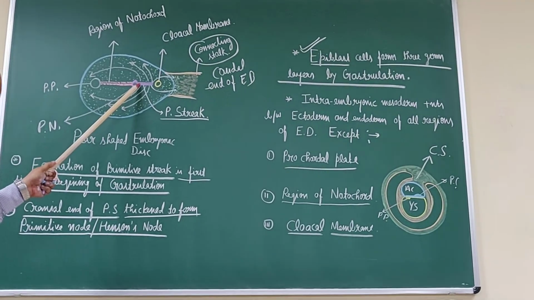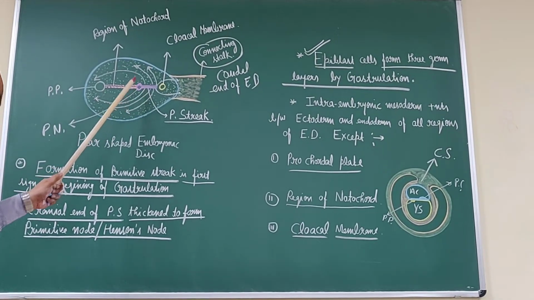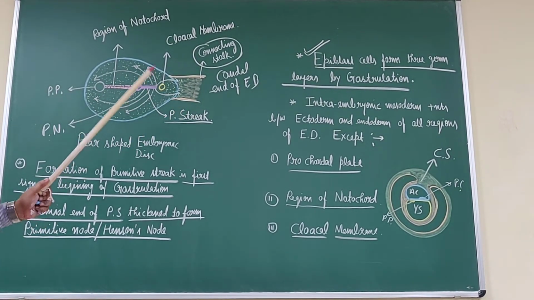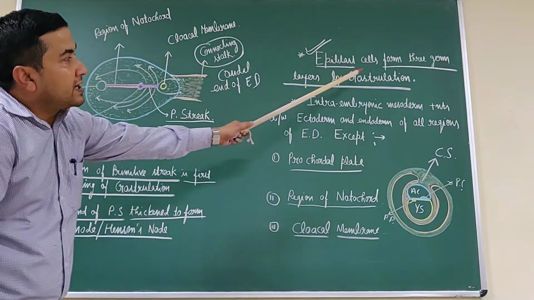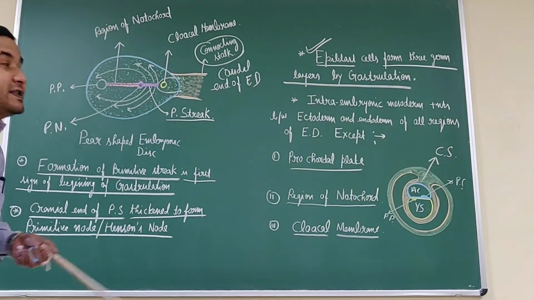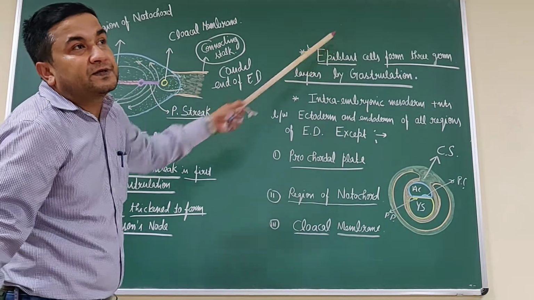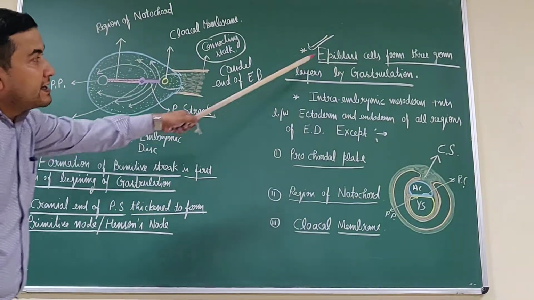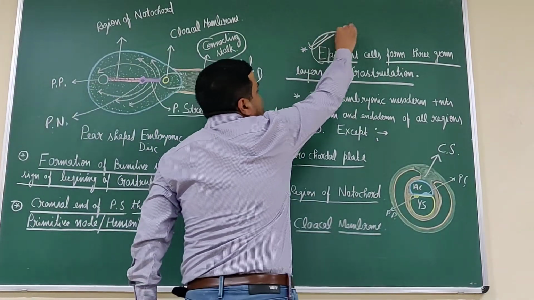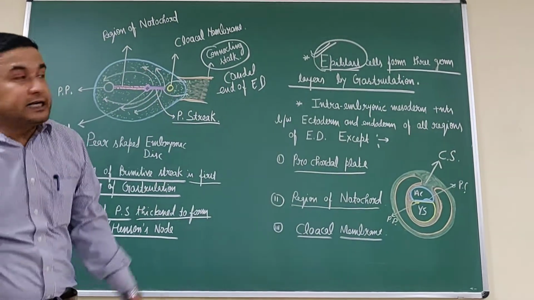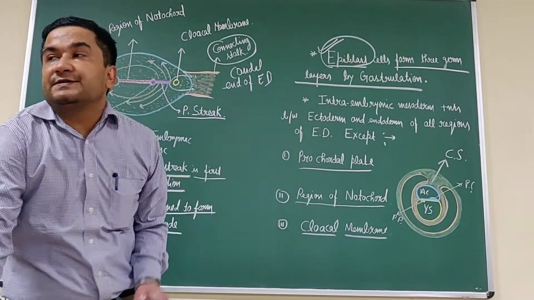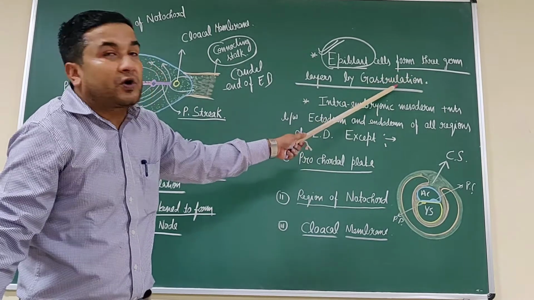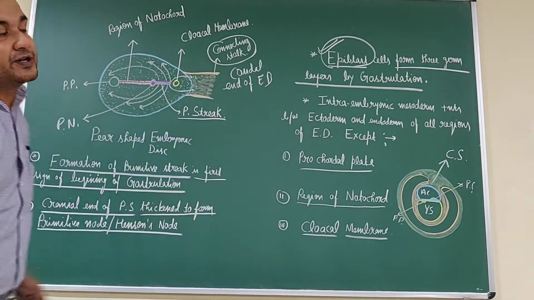The primitive streak cells pass between the epiblast and the hypoblast, and when they are separated, the hypoblast becomes the endoderm and the remaining epiblast becomes the ectoderm. So it is the epiblast that ultimately forms the three germ layers by the process of gastrulation.